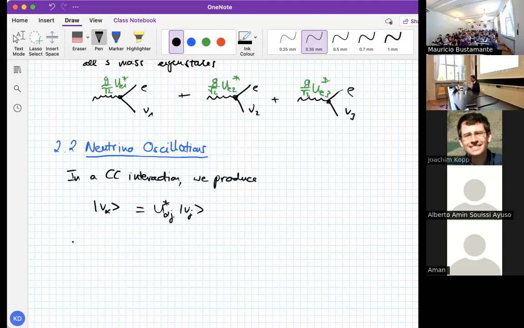Similarly, when we detect a neutrino, that typically happens through a charged current interaction again. So in a sense, that is again a measurement of the neutrino flavor. So the CC detection process maps the neutrino again onto a flavor eigenstate.